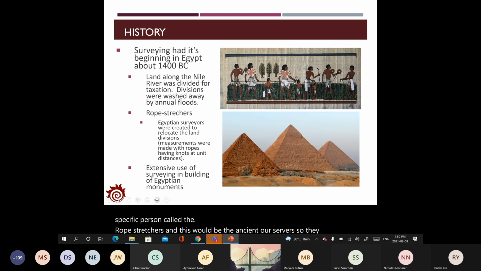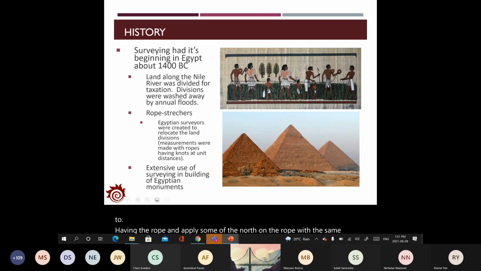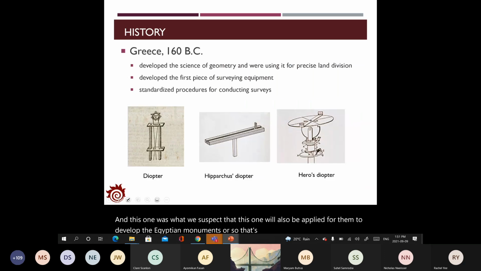They would re-identify the boundaries of the land for each person, and usually they would apply knots on the rope at the same distance, then use the knots and the rope to measure the distance of the land boundaries. We suspect this was also applied to develop the Egyptian monuments. So that's very old technology.